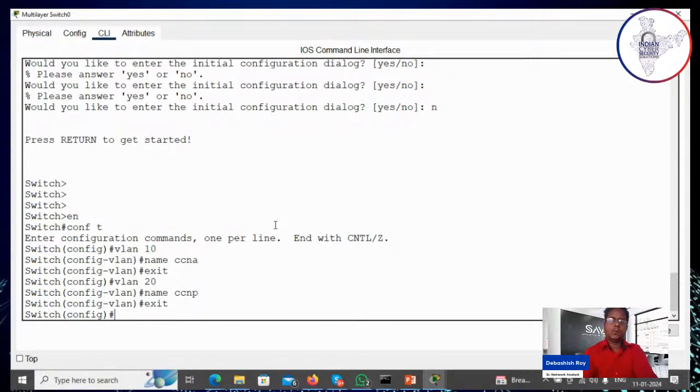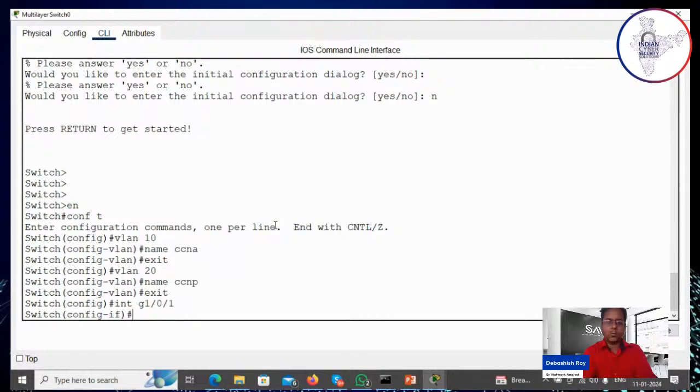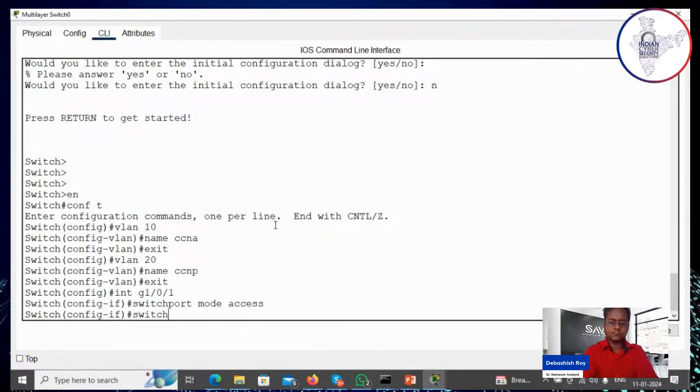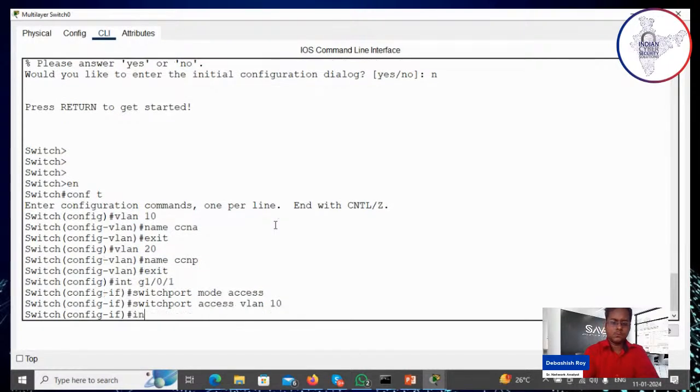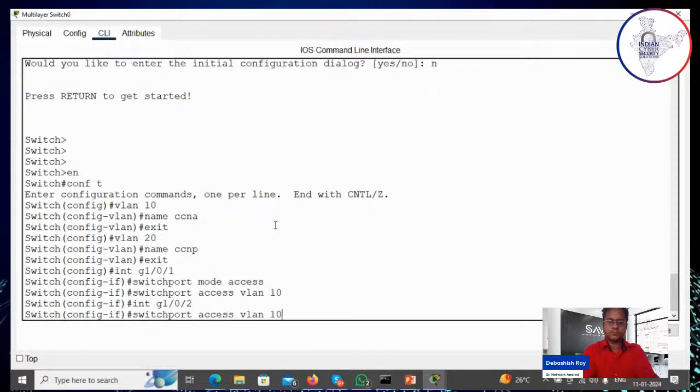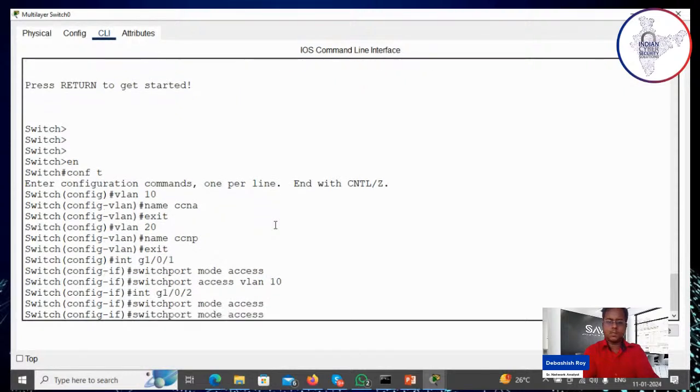Interface, this one is gigabit 1/0/1 here. Switchport mode access and switchport access VLAN 10. Interface gigabit 1/0/2 and switchport access VLAN 20.